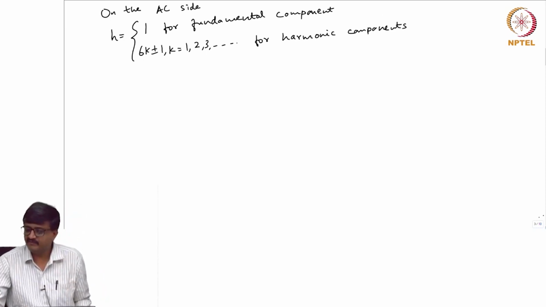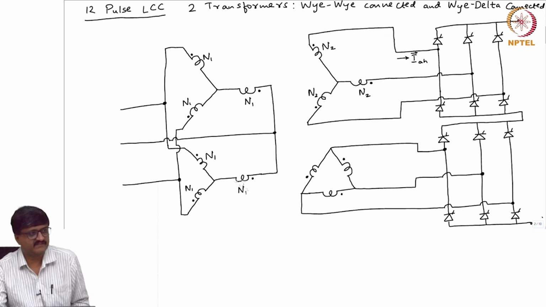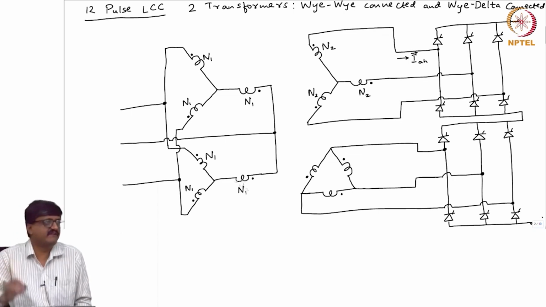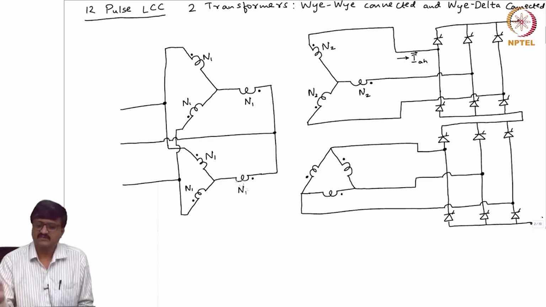So, what I am trying to say here is at a time I take one value of H. Please note this is the AC side. So, the possible values of H are 1 for fundamental, 5, 7, 11, 13, 17, 19, so on. So, at a time I take one value of H. So, like that I can do analysis for all the values of H.